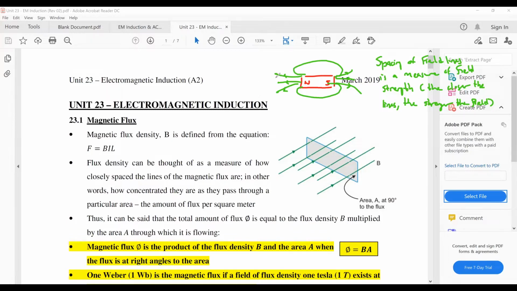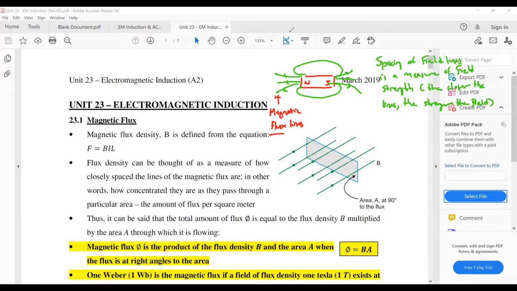Now, when you're talking about the magnetic field lines, they can also be known as magnetic flux lines. Okay, the field lines here for a magnetic field, we normally tend to refer to them as magnetic flux. So think of magnetic flux as just the magnetic field lines.